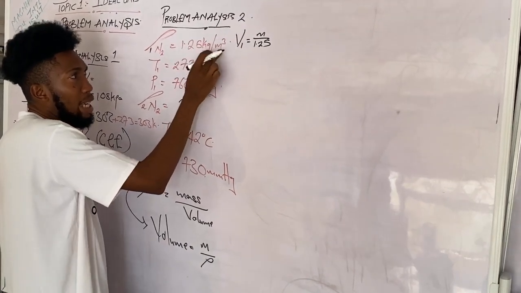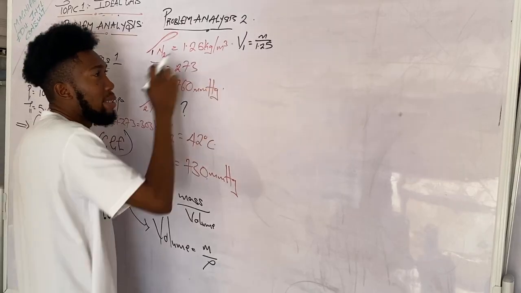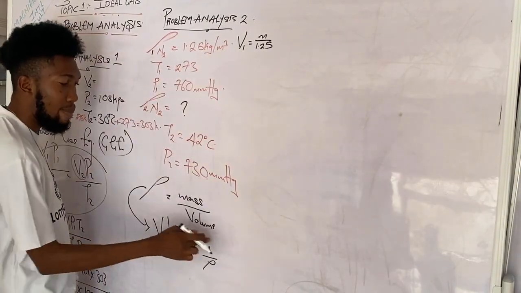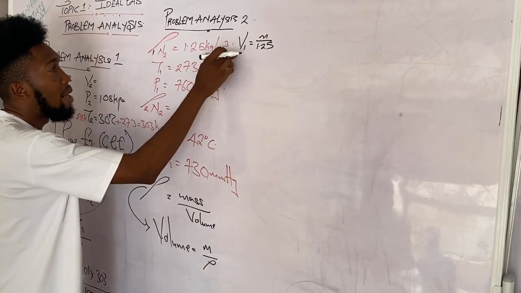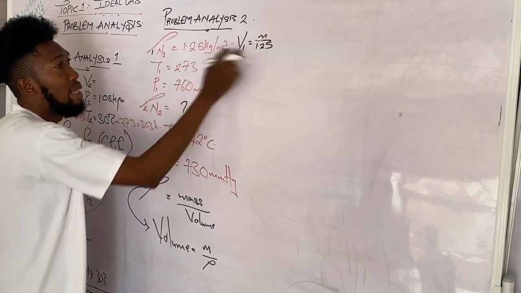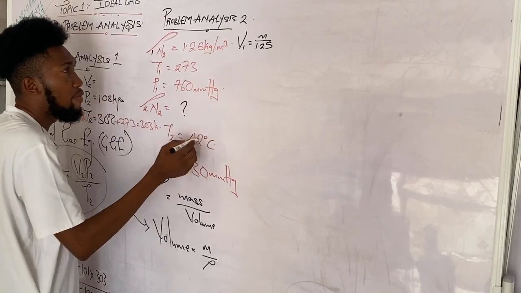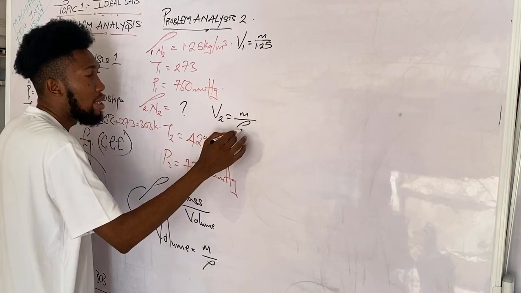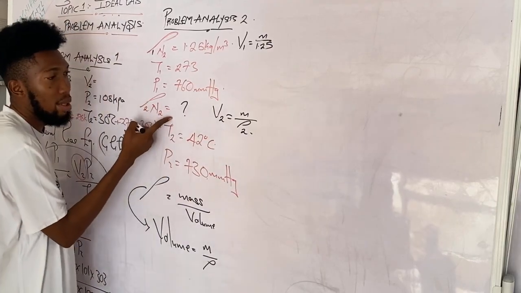So V1 is mass over density 1, which is this value. Let's do the same for this one now. V2 therefore should be equal to mass over density 2, which we have not gotten yet.